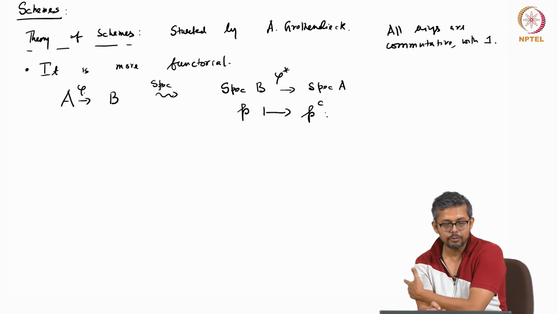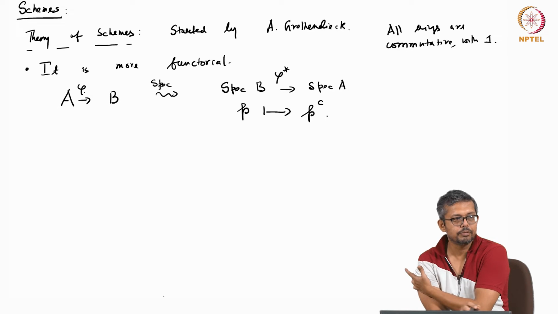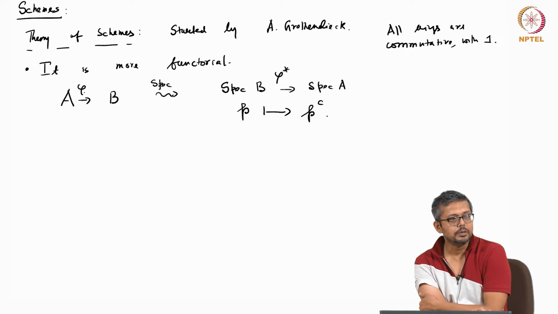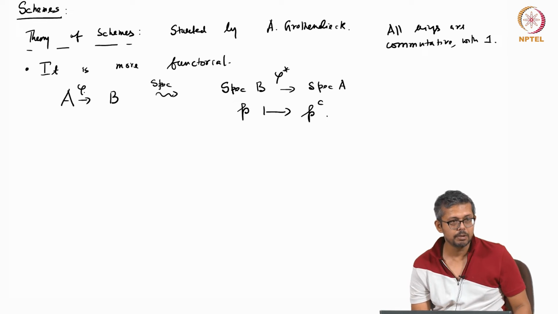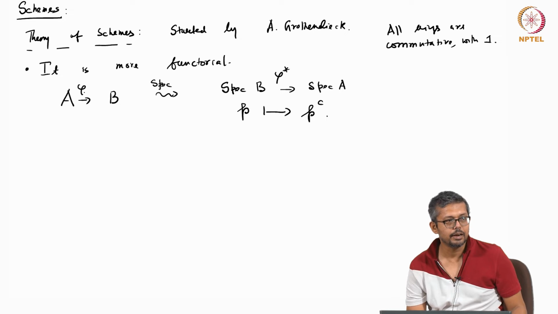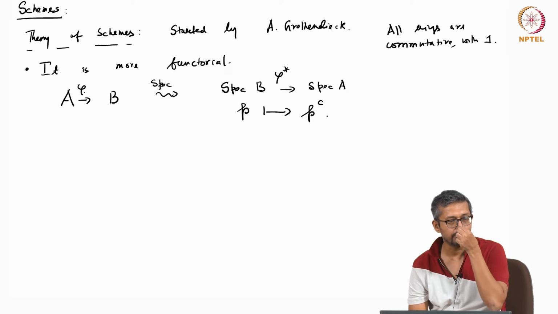But if you are in the category of varieties, you took the maximal ideals of rings, right? And if K is algebraically closed and the algebra is finitely generated, then you have a correspondence where points go to points.